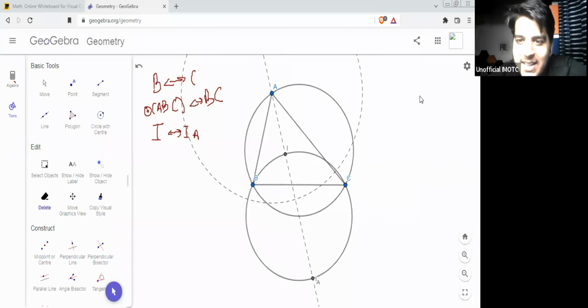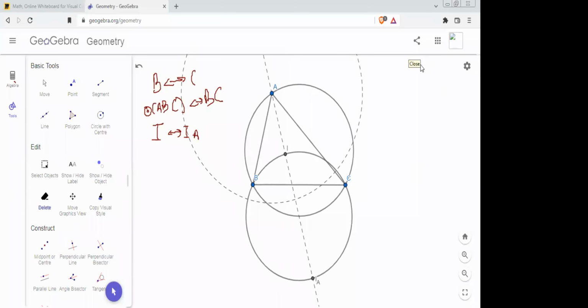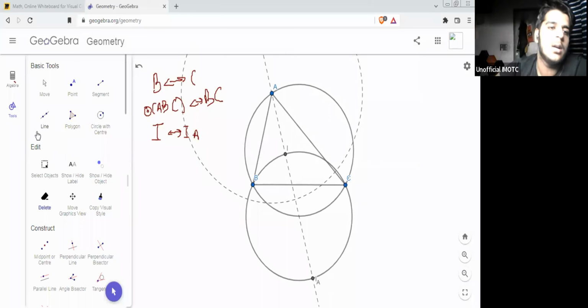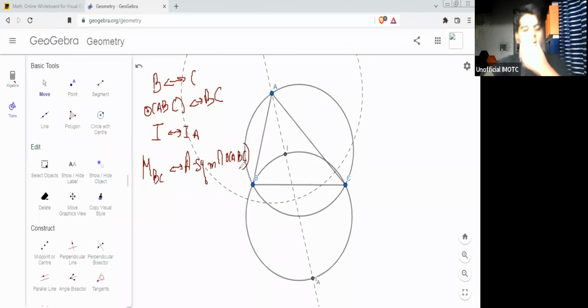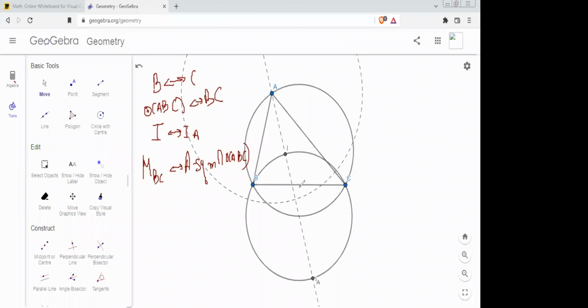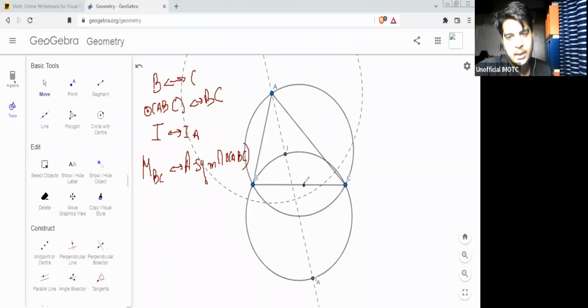It would go to the intersection of the AC median with BC. Correct. I'll write it. In general, any line goes to its isogonal line, right? Okay. Do people see how this follows? I'll still say it for sanity.